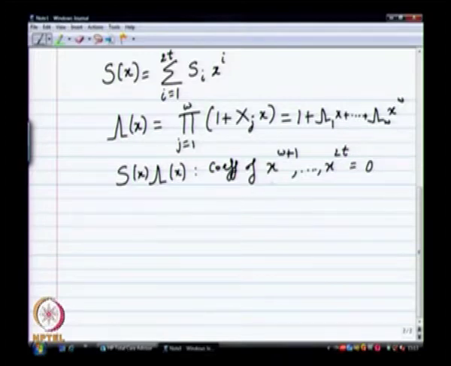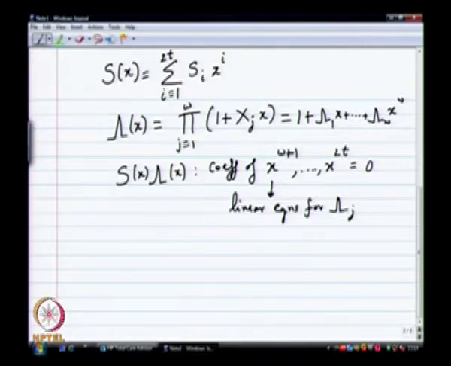So from here you get linear equations for lambda j. Okay. So basically then you have to worry about when that linear equation is solvable, etc., etc.